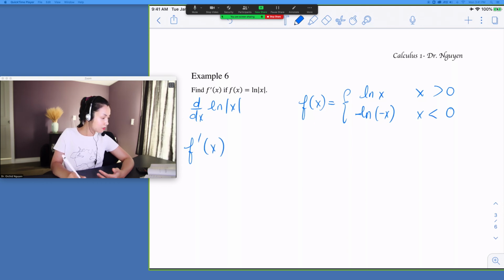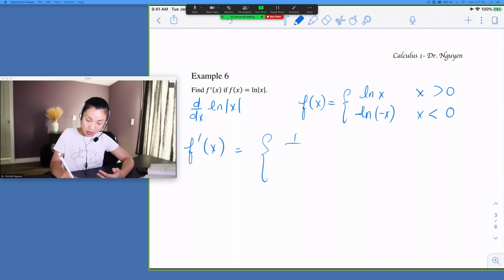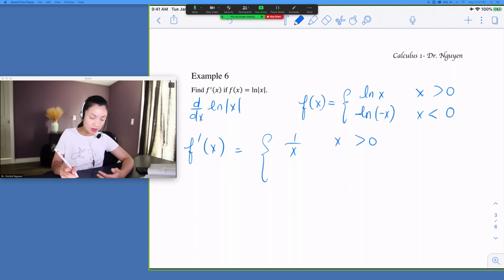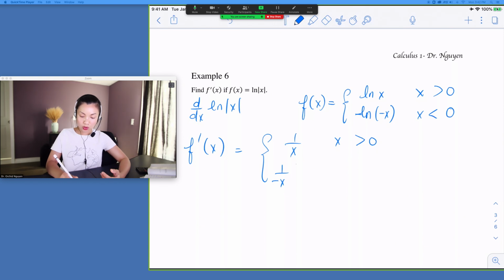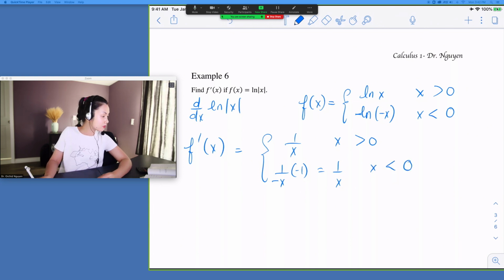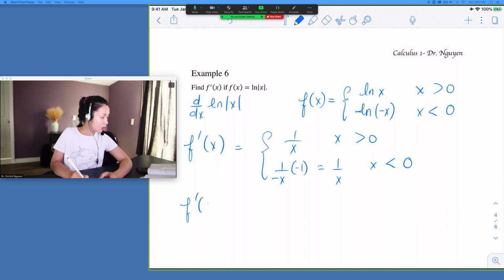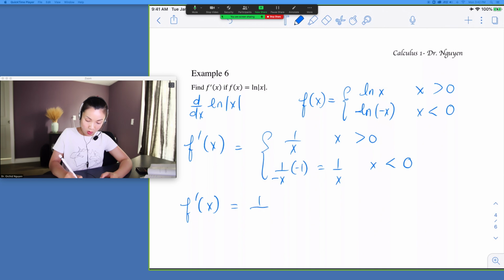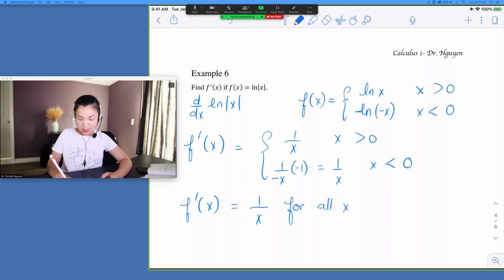So the derivative this time is going to be 1 over x when x is positive, and then we have 1 over negative x, and then you do the chain rule, so we have negative 1, which is just 1 over x as well, when x is negative. Okay, so you see that f prime of x is going to be 1 over x for all x not 0.